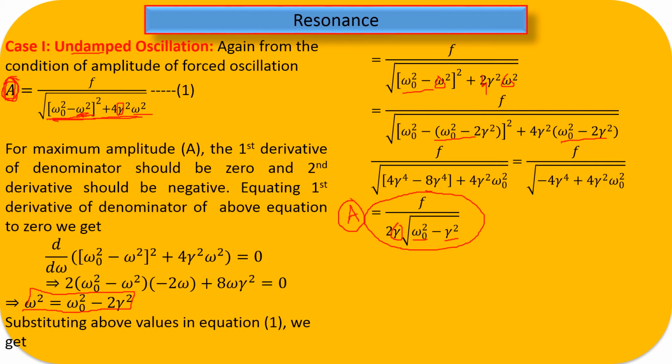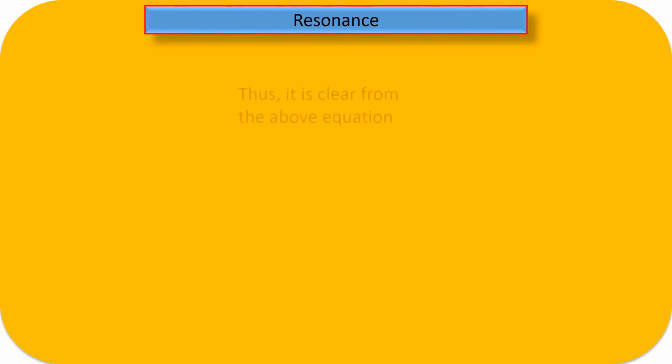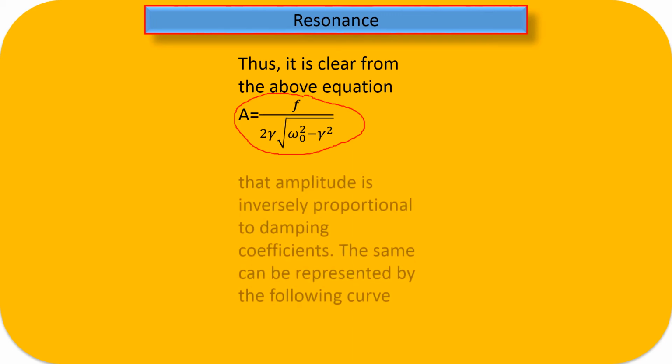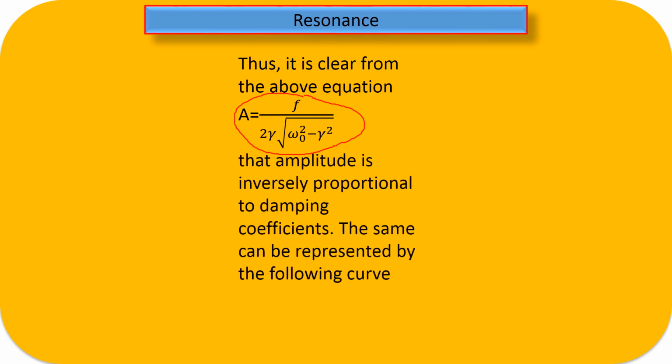This is what I have tried to show with the following curve. Thus it is clear from the above equation that A equal to f upon 2 gamma times the square root of omega naught square minus gamma square. So the amplitude is inversely proportional to the damping coefficient gamma.